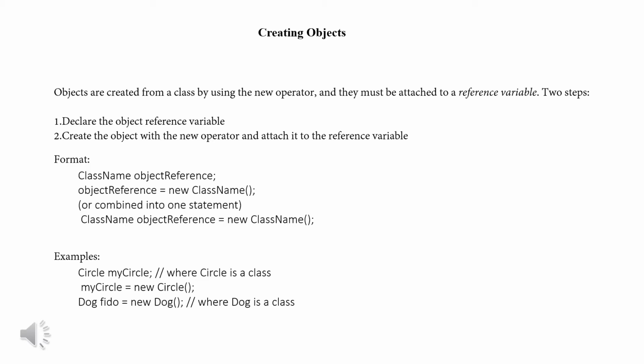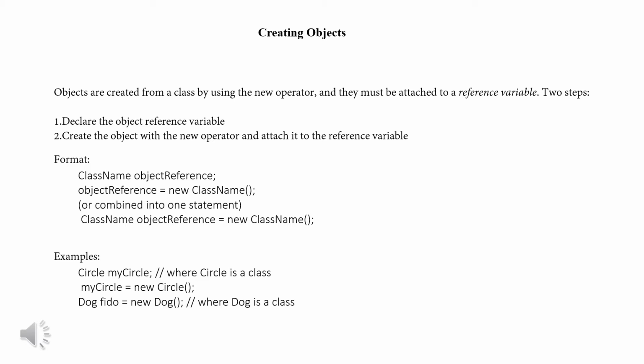Okay, so this is the first step: class name, object reference. The next step is creating the object with new and then attaching that object to that variable. So first that variable, object reference equals new class name. Okay, so that's the format that you need to keep in mind.